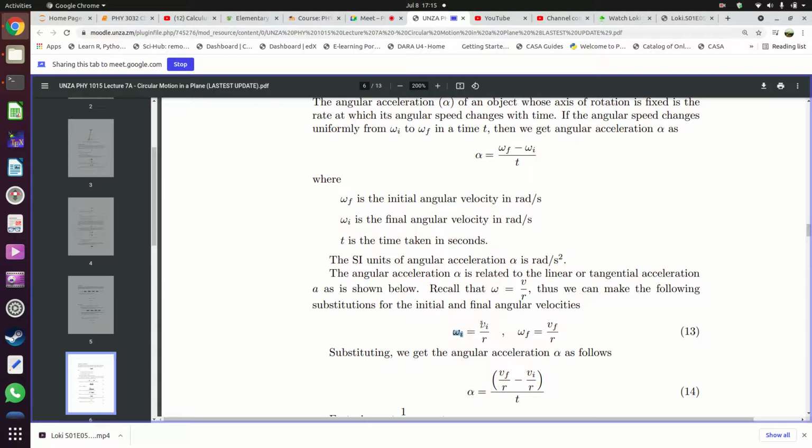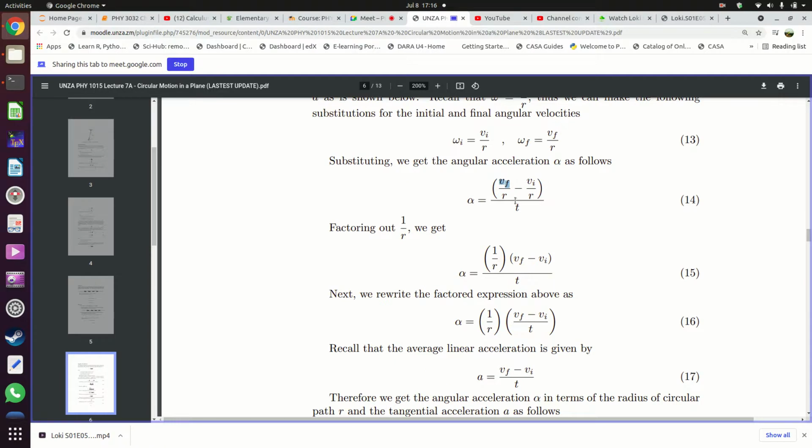Omega i is equal to vi divided by r, and omega f is equal to vf divided by r. With these substitutions, we end up having alpha equal to vf divided by r minus vi divided by r, the whole thing divided by t.